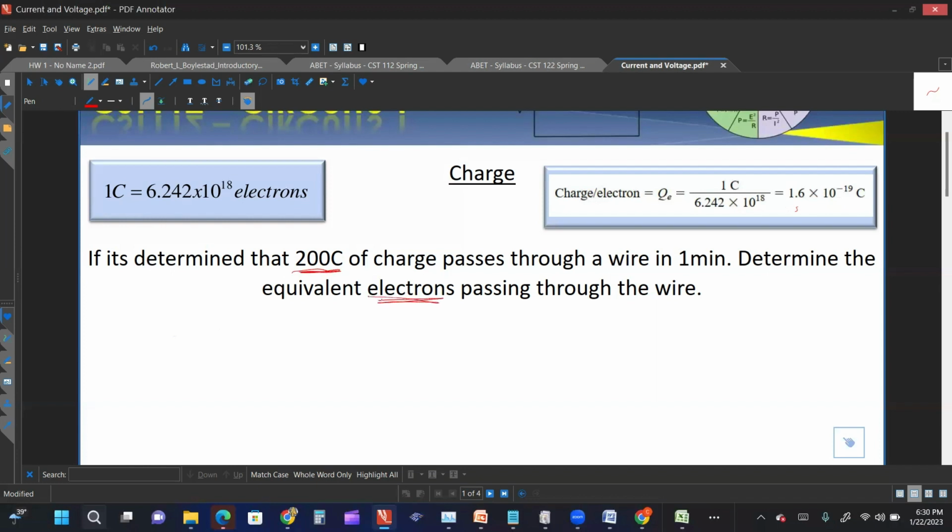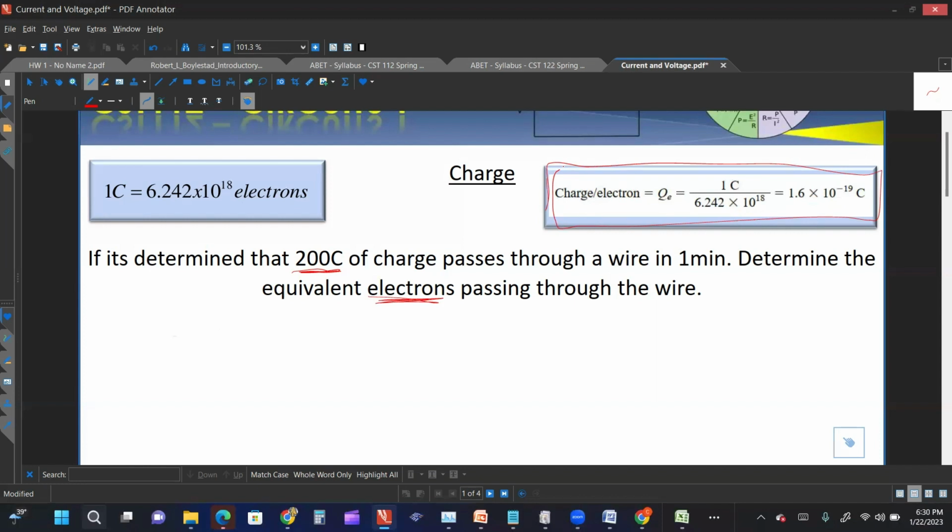to electrons. All right, so if you read the book, most textbooks are going to present the relationship between charge and electrons in this fashion right here. But when you look at this formula, or this relationship, it looks kind of confusing.